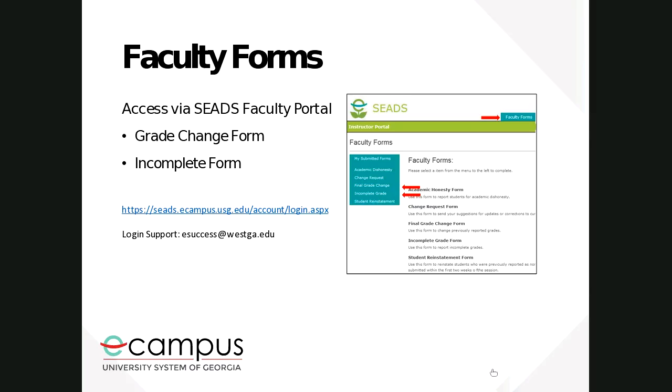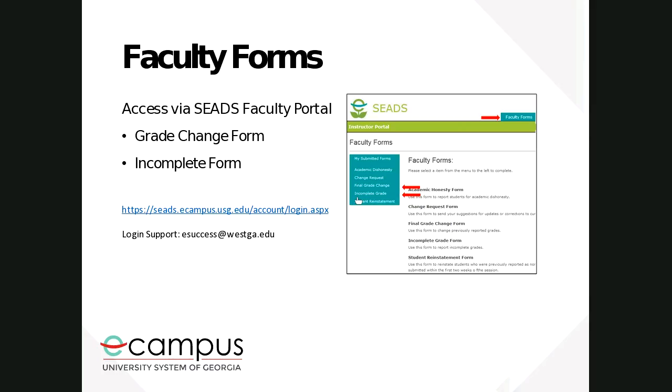So you're going to go into SEEDS like Ashley was talking about, and you're going to look at the possible forms you have here, and you're going to use either a final grade change, as we have right here, or you're going to submit an incomplete grade.